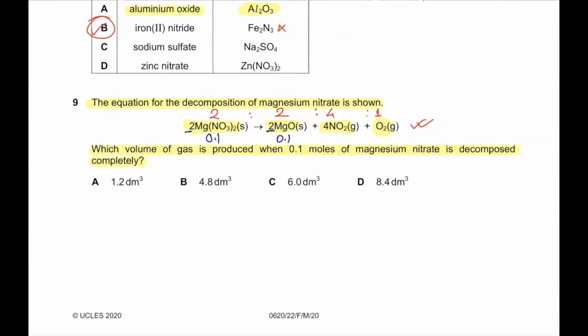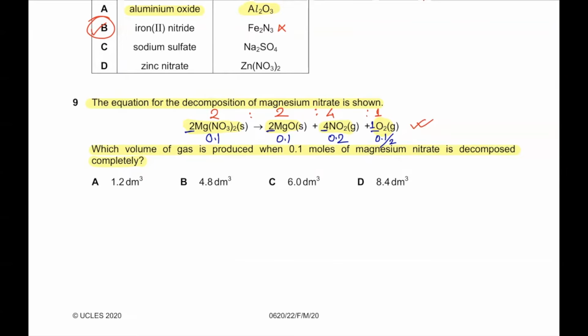Since it is a 2:4 ratio, we are going to have 0.2 moles of nitrogen dioxide, and we are going to have 0.1 divided by 2 moles of oxygen, because it's a 2:1 ratio. You can see there is nothing in front of it, meaning there is 1. So 0.1 divided by 2.